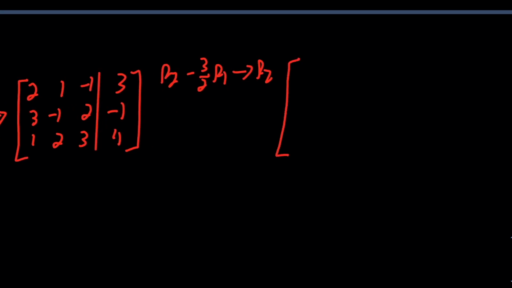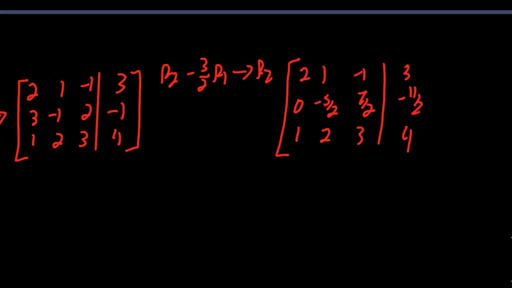So evidently row 1 and 3 should be the same, and there should be change in row 2. So we have 0, negative 5 halves, 7 halves, and negative 11 halves. 1, 2, 3, 4 in row 3, 2, 1, negative 1, and 3 in row 1.